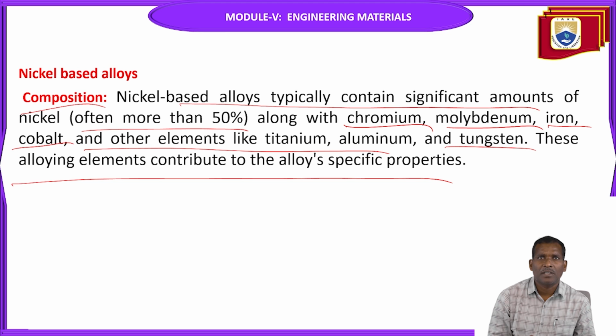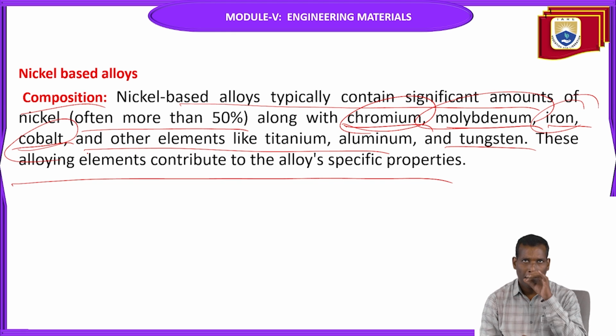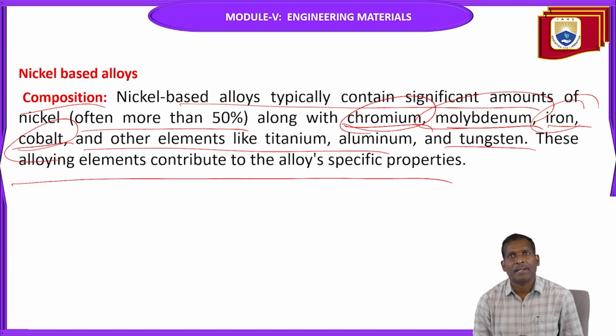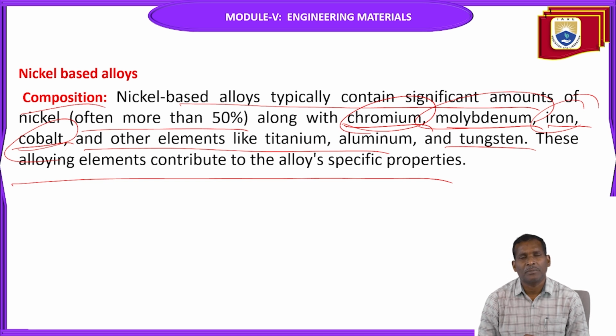So nickel based alloys contain significant amounts of nickel, and the other elements are chromium, molybdenum, iron, cobalt. Other elements like titanium, aluminum, and tungsten will also be added to this nickel base metal.